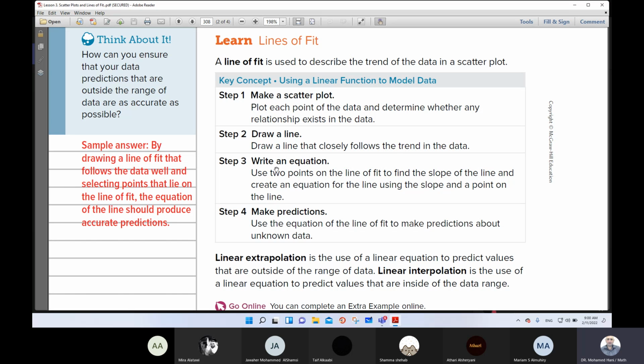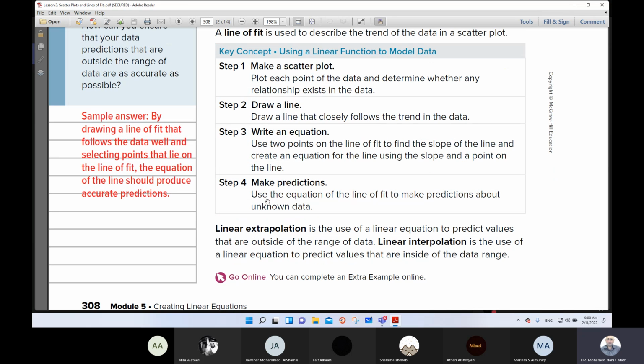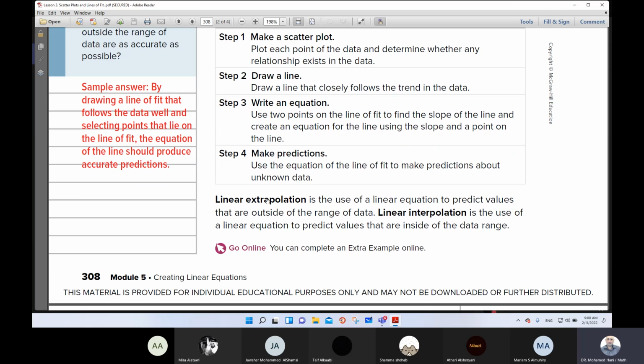Then write an equation. Use 2 points on the line of fit to find the slope of the line and create an equation for the line using the slope and a point on the line. Then the last step, make predictions. Use the equation of the line of fit to make predictions about unknown data.